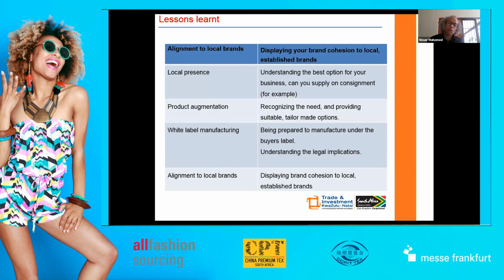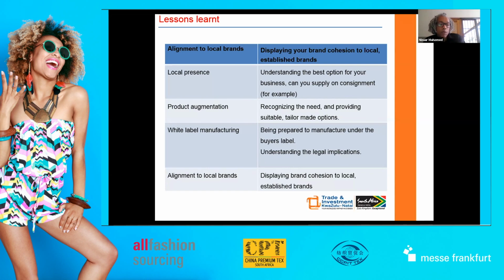Some of the lessons that we've learned, and this has been a steep learning curve for us, and I've been involved at a very minimal level, but in some of the workshops that I've attended, we've seen companies, especially the smaller companies entering the USA for the first time, being struck with issues that they need to deal with. The first, obviously, is white label manufacturing, and that's local companies being prepared to manufacture under the buyer's label.